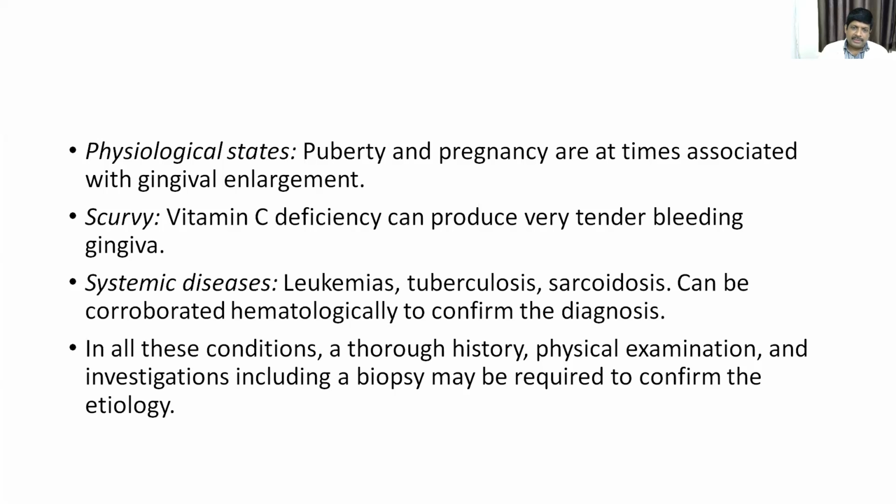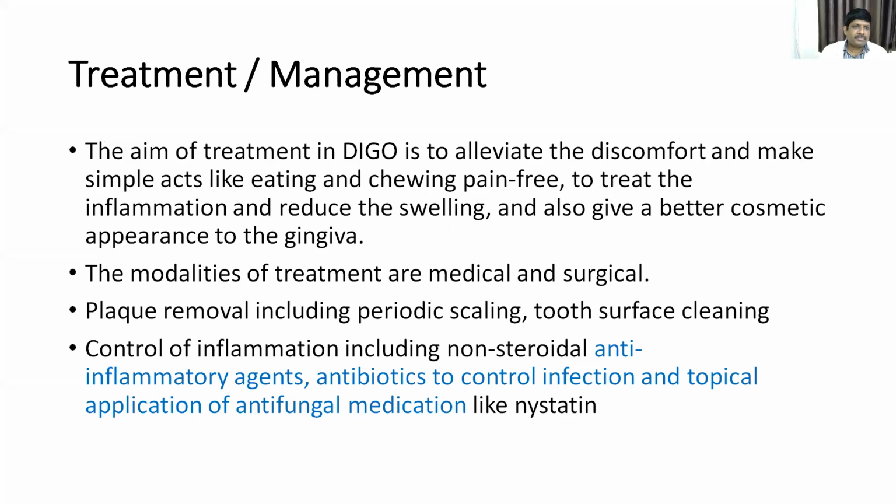In all these conditions, a thorough history, physical examination and investigations, including a biopsy, may be required to confirm the etiology. So in all these conditions, you may see the gingival enlargement, but you need to know whether it is a true gingival enlargement or not through many tests and diagnostic parameters.